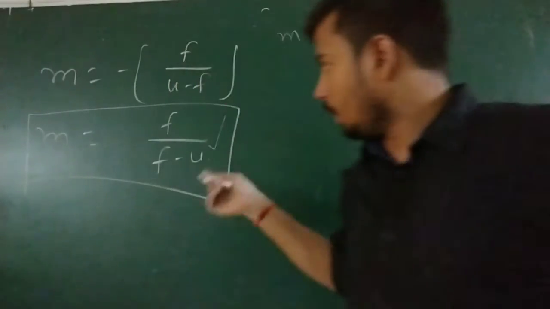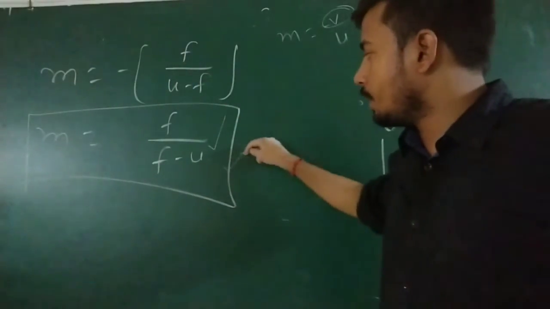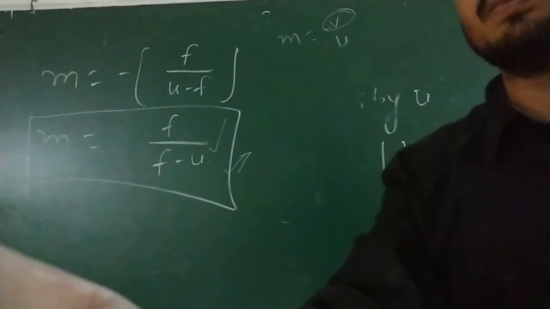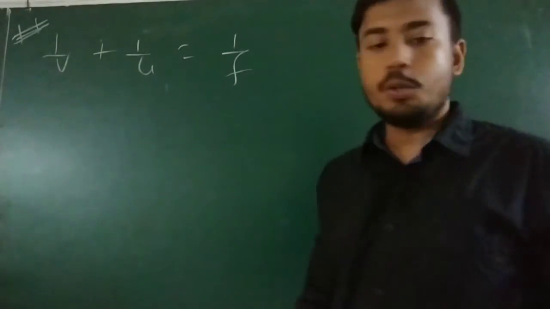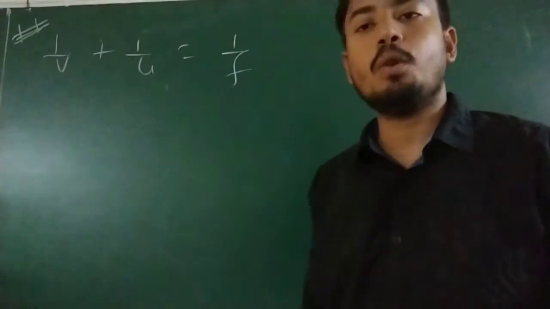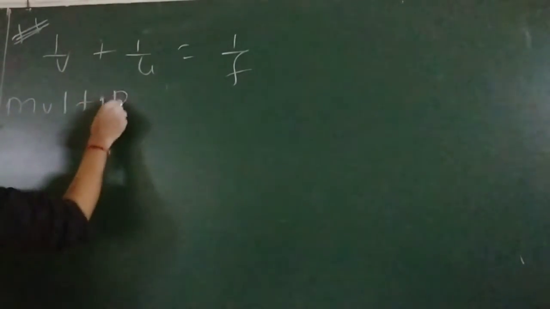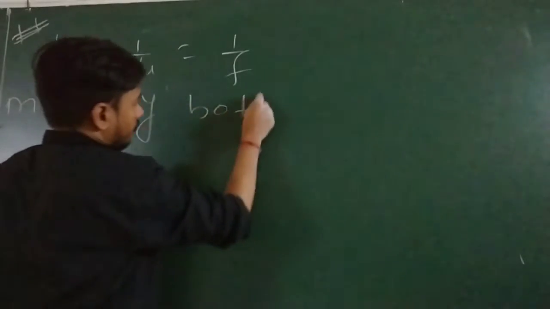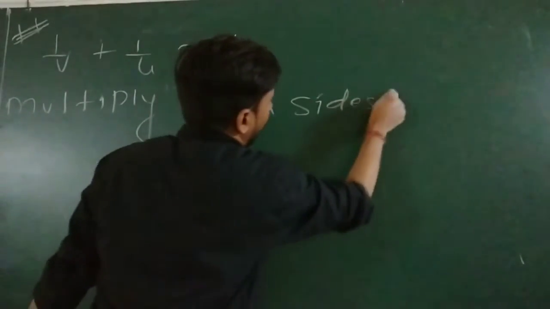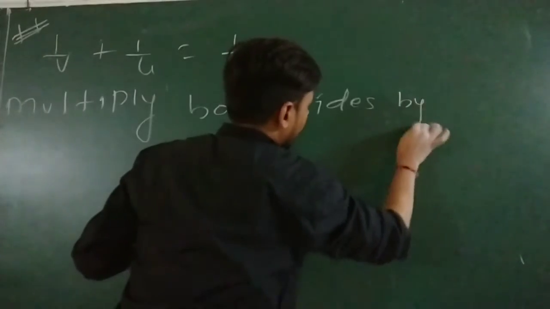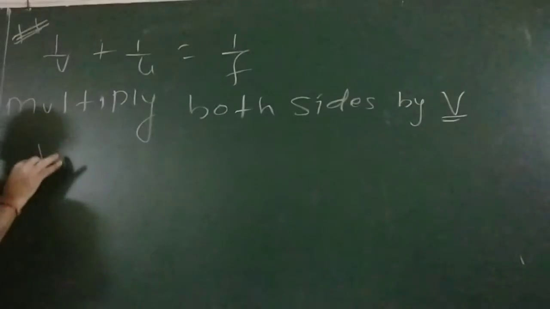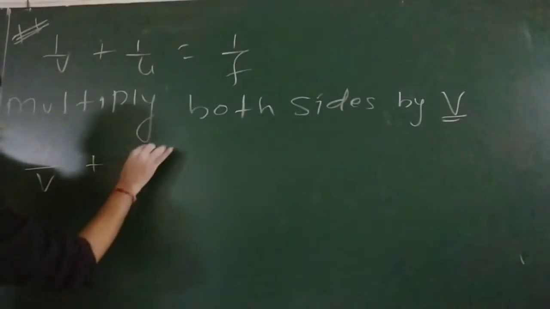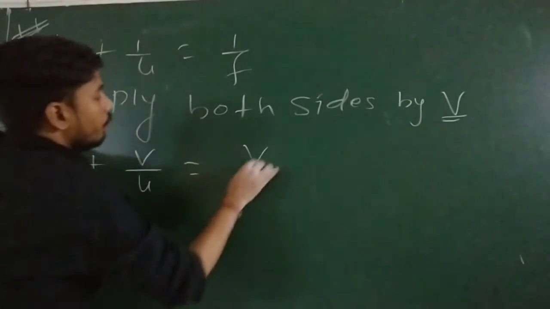In another way we can also express this formula. See another form. In the previous formula we multiplied both sides by u. Right now I will say multiply both sides by v. If you multiply both sides by v, this becomes v by v, this becomes v by u, and this becomes v by f.